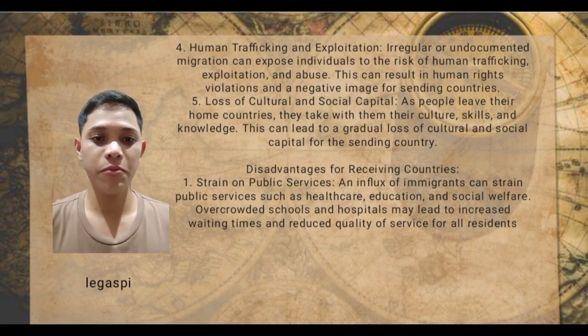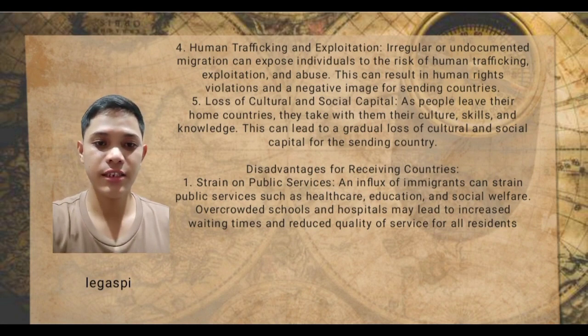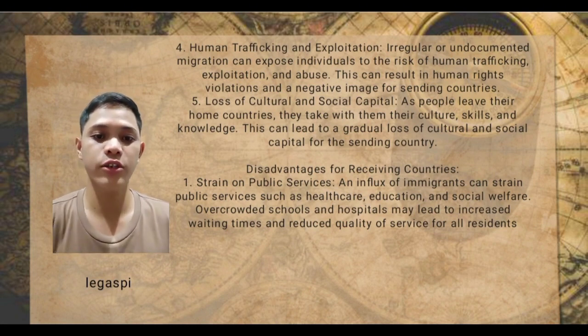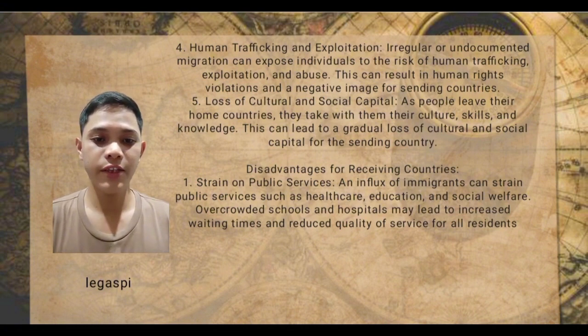Irregular or undocumented migration exposes individuals to the risk of human trafficking, exploitation, and abuse. This leads to human rights violations and a negative international image. Last is loss of cultural and social capital. As people leave their home countries, they take with them their culture, skills, and knowledge. Over time, this can result in a gradual loss of cultural and social capital for the sending country.